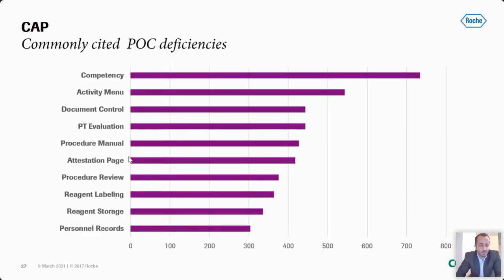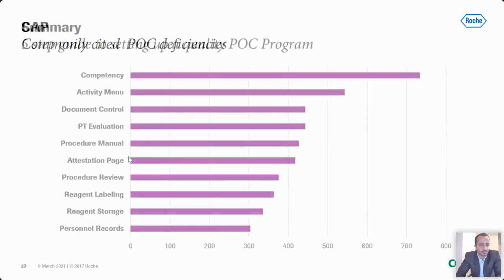And the third one is document control, which we talked about before: the competency records for our staff, activity menu, documentation, QC out of range, corrective actions, maintenance logs, and rotation of our medical point of care devices inside your hospital. Those are all related to document control and document management inside our facilities.